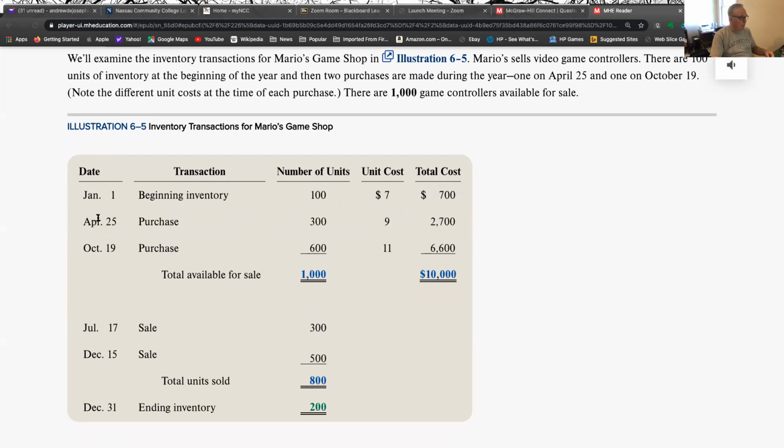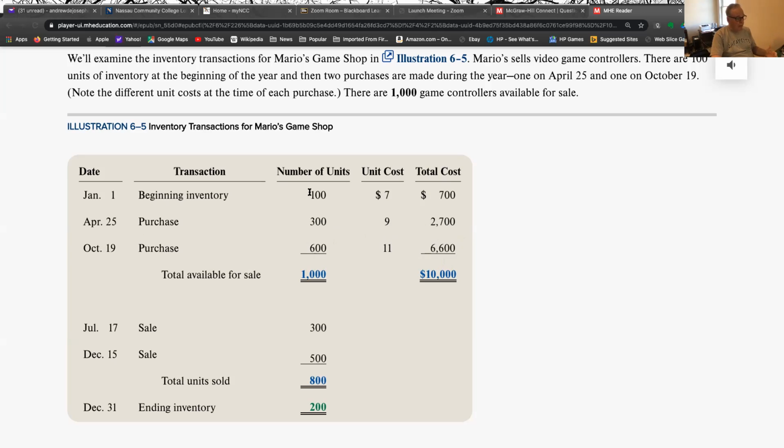During the year, in April, they bought 300 more. They paid $9 a piece for them. 300 times 9, 2,700. In October, they bought 600 more. This time they paid $11 a piece for them. Notice how the prices are going up. That cost them $6,600.